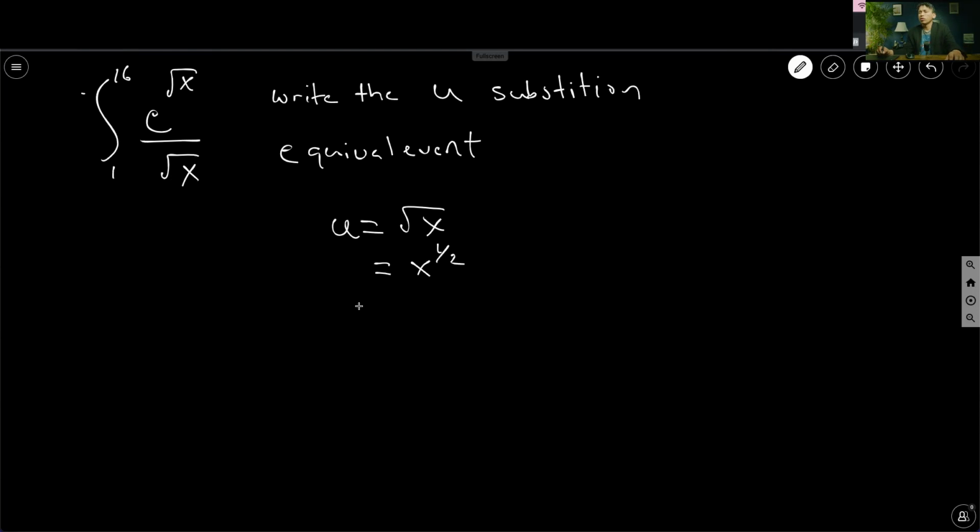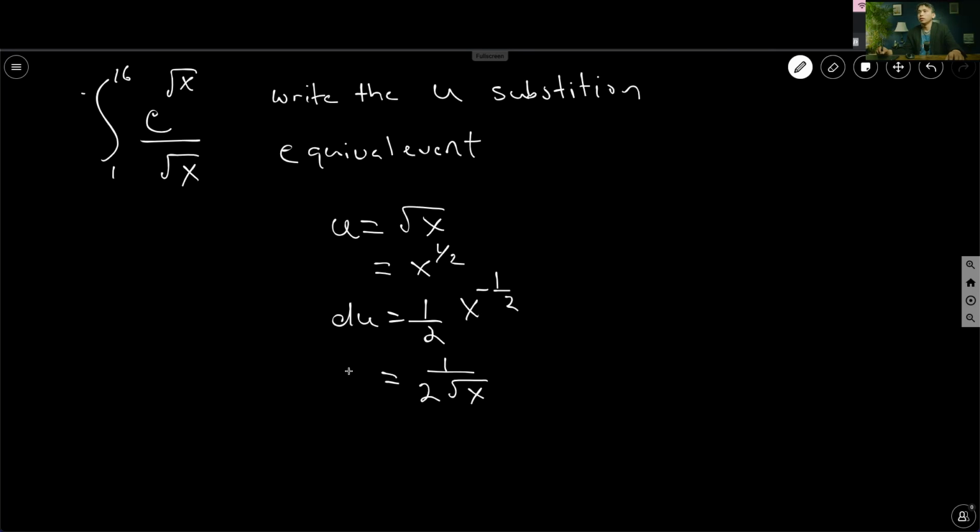And then now, du is going to equal 1/2 x to the negative 1/2. And then we'll clean this up. Same thing as saying 1 over 2 square root of x, because the 1/2 power is the same thing as square root, and the negative power brings it downstairs.